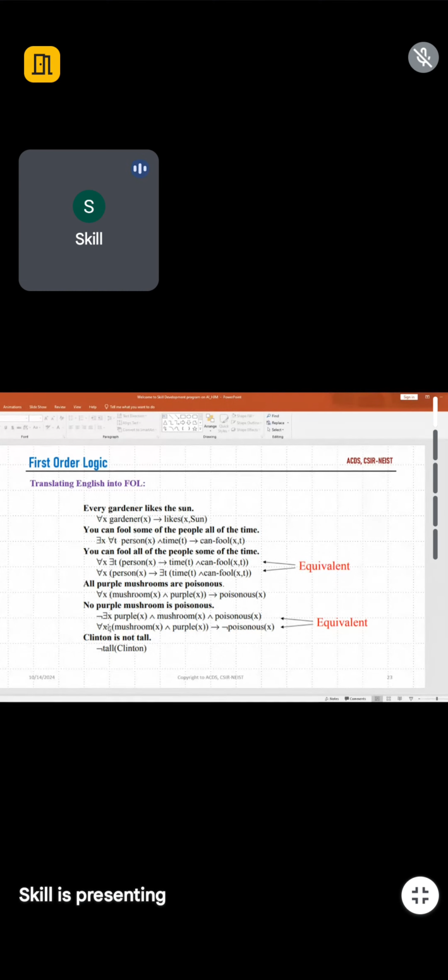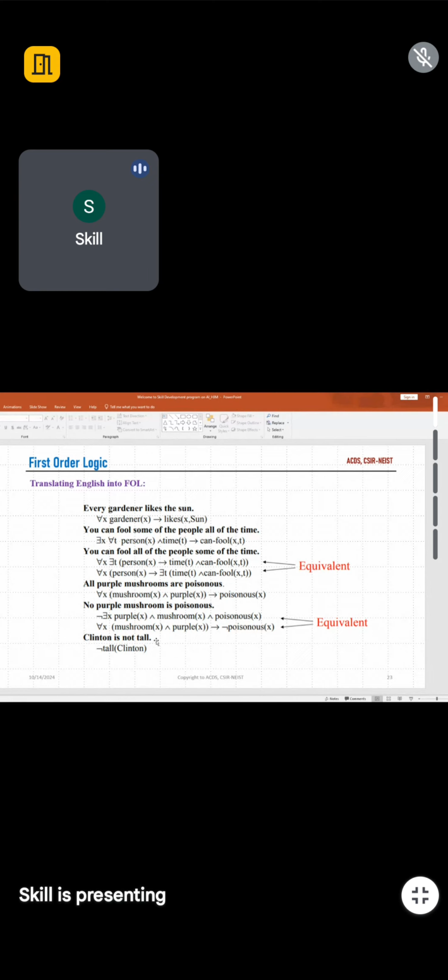Also, we can write like this: for all x, mushroom and purple(x) is not poisonous. So this will be more like the previous statement only. This is somewhat different. We are writing the same meaning, but in a somewhat different way we are representing it. You can write whatever you are comfortable with.